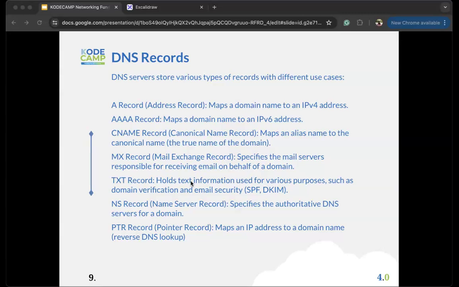Then you have the name server record, which specifies the authoritative DNS for your server, and also the PTR record, the pointer record, which maps an IP address to your domain name, the reverse of what you have in an A record. There are many other records, such as the SOA record, that you can use with your domain to perform the mapping and translation from domain name to your IP.